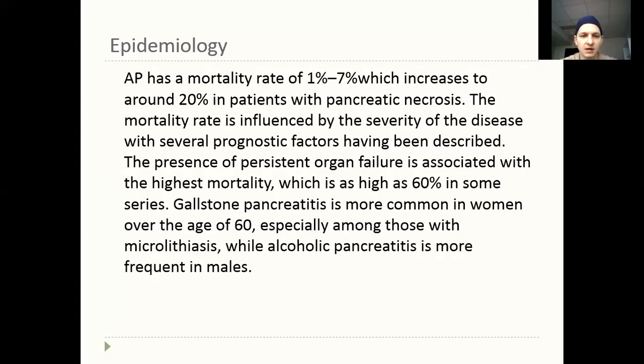The presence of persistent organ failure is associated with the highest mortality, which is as high as 60% in some series. Gallstone pancreatitis is more common in women over the age of 60, while alcoholic pancreatitis is more frequent in males.